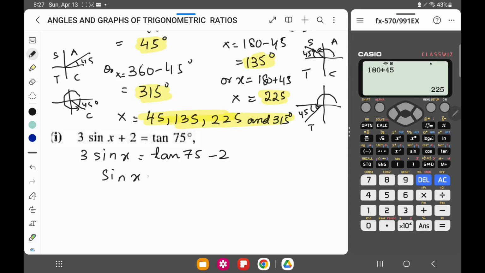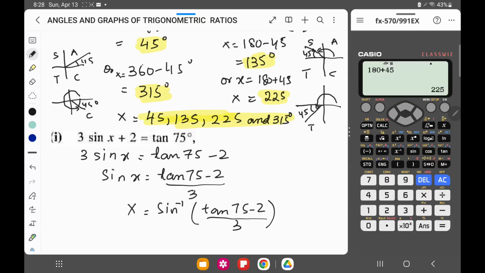Sine x is equal to tan 75 minus 2 over 3, and x will be equal to the basic angle whenever sine is positive. Let's find out what is the answer for this part.